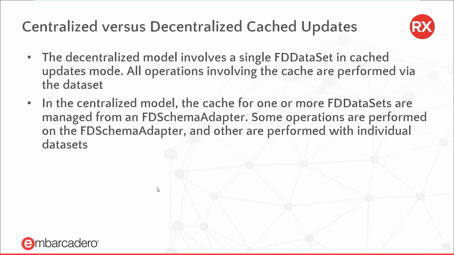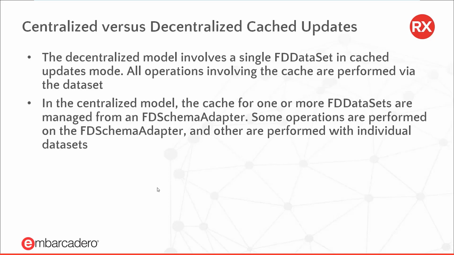But all of the FireDAC data sets support cached updates. So you can use an FD query and place it in the cached updates mode and then apply the updates on that FD query, or you could cancel individual records and revert individual records, or you could examine the changes. You could say, show me all the inserts, show me all the deletions, show me all the modifications.